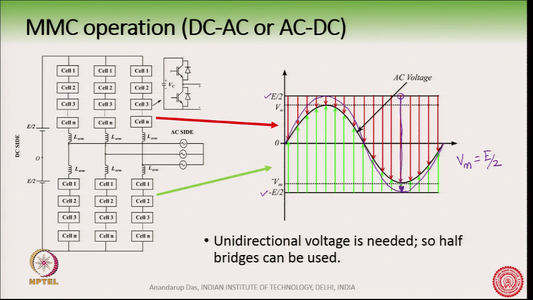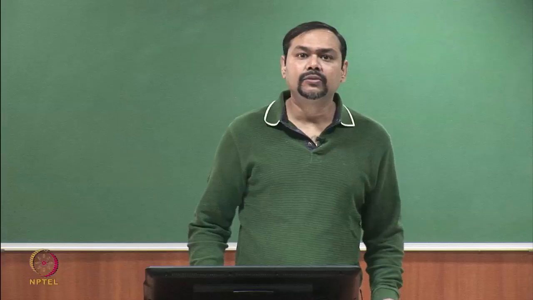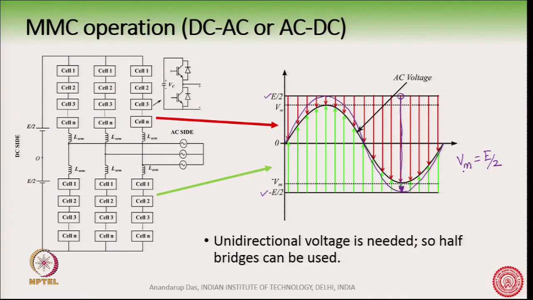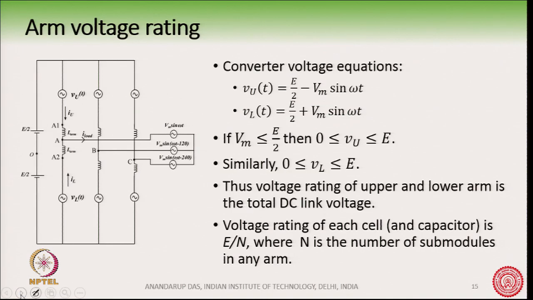So, therefore, this maximum length of the arrow is equal to E, and hence during this condition where Vm is equal to E by 2, the voltage that needs to be produced is equal to E. So, that is what we have seen here, 0 less than equal to Vu less than equal to E.